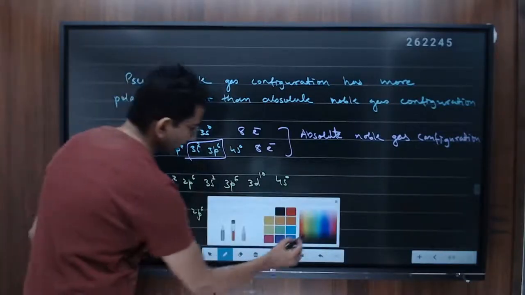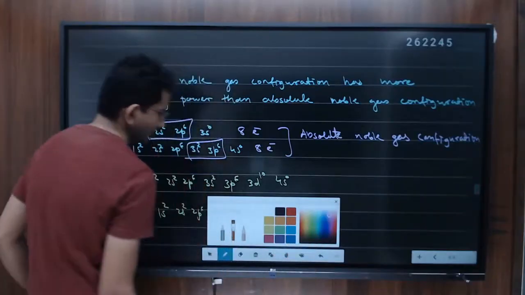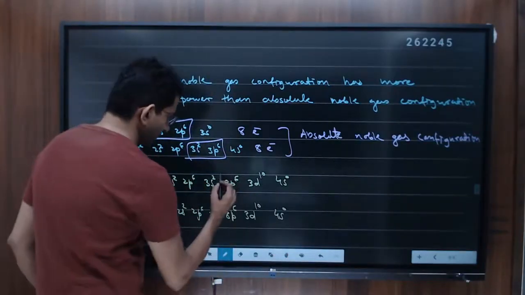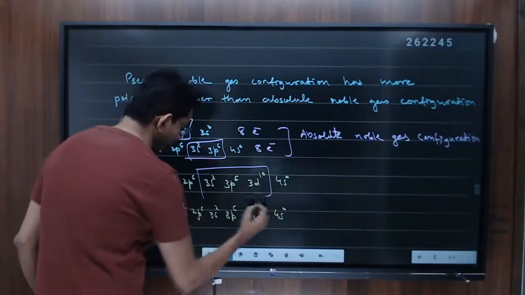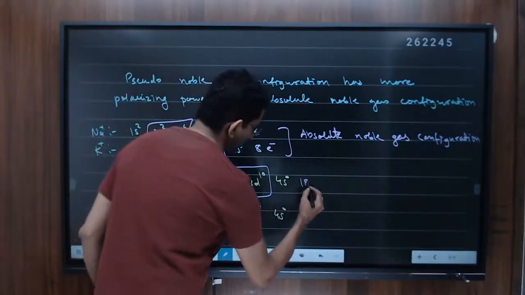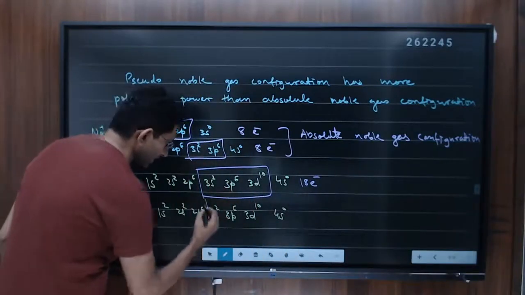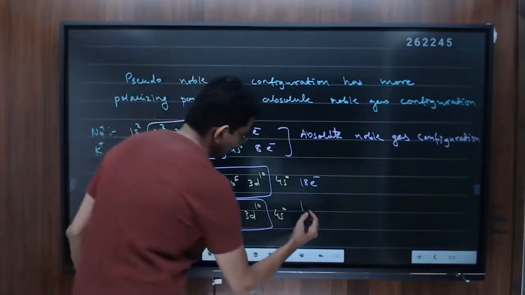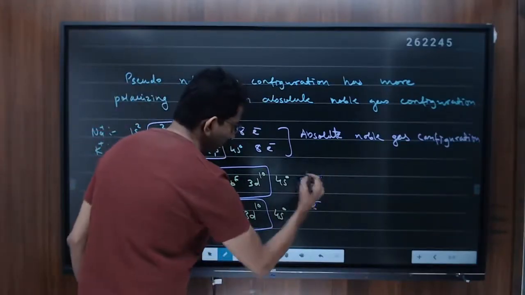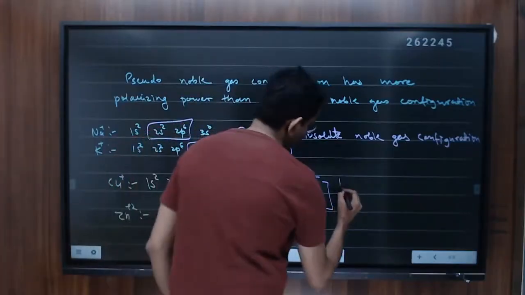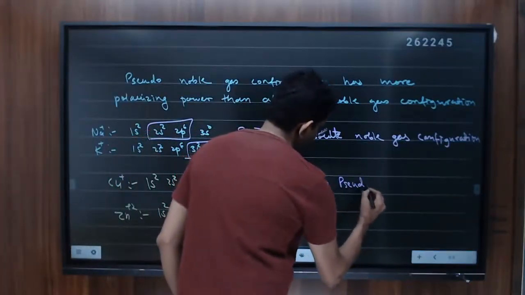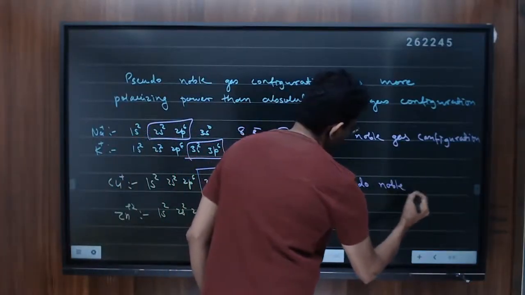Now we look at here, these have 18 electrons in the outermost orbit. If 18 electrons are there in the outermost orbit, it is called pseudo noble gas configuration.